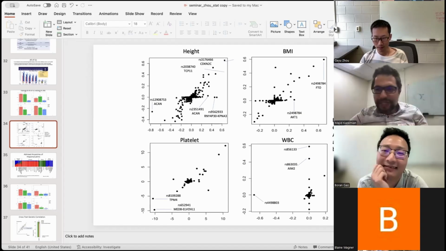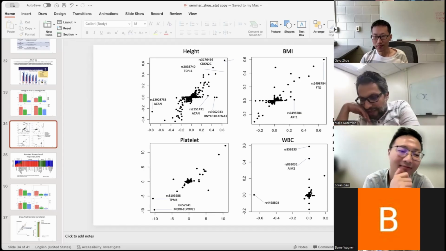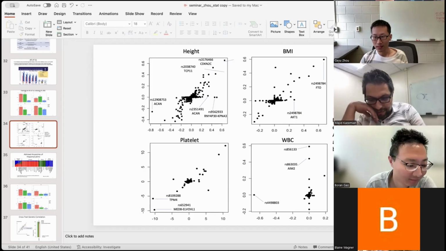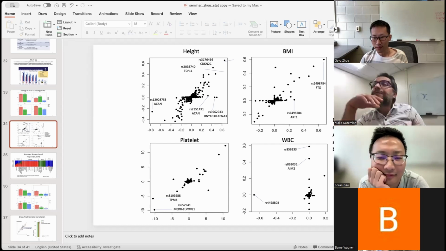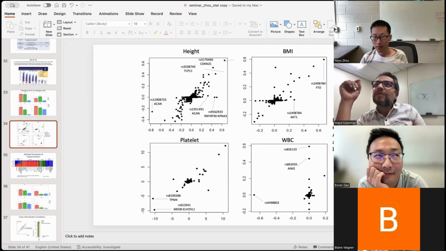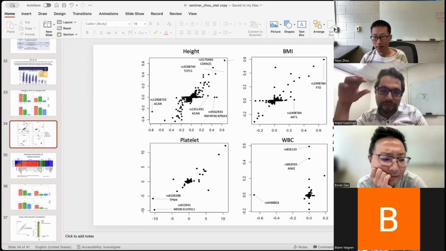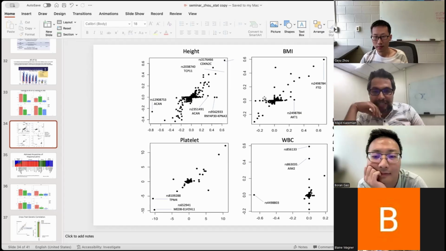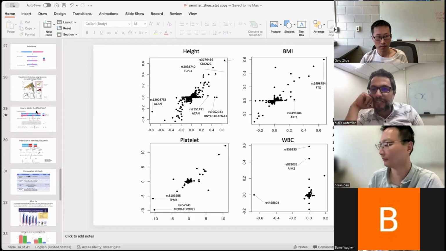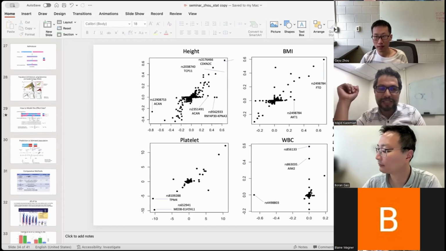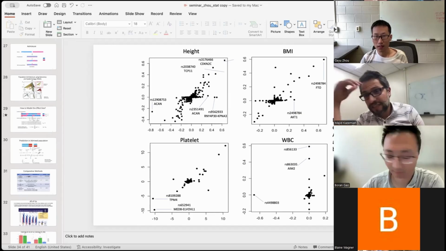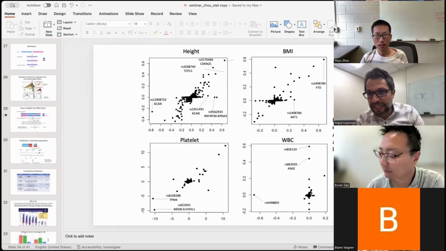Hey, may I ask a maybe more technical question? This was a great talk. First, how many of these SNPs are generally utilized to predict a complex trait, let's say like BMI or height?